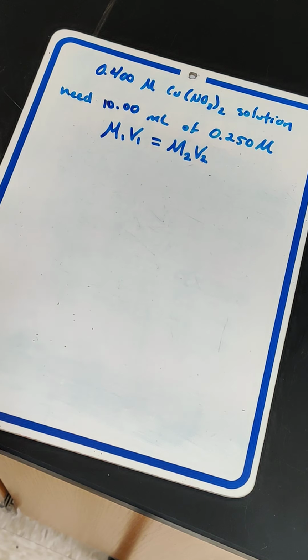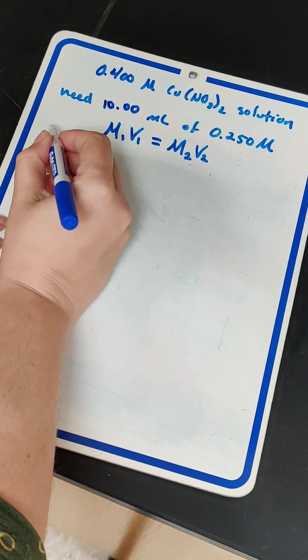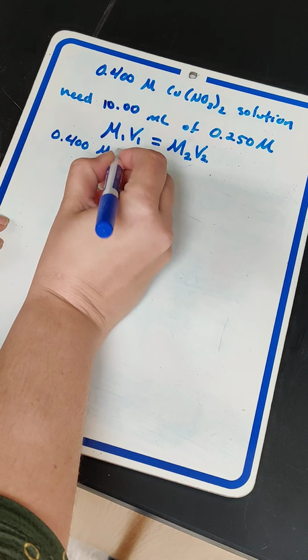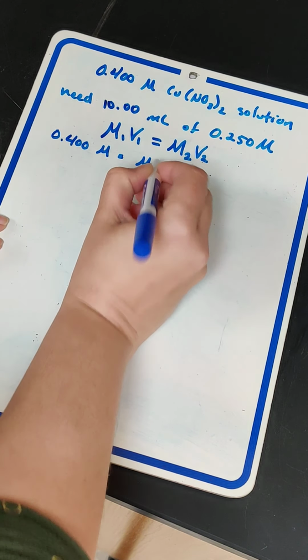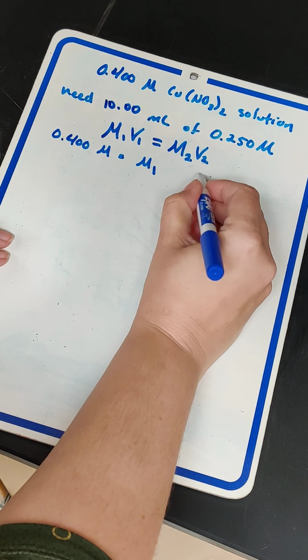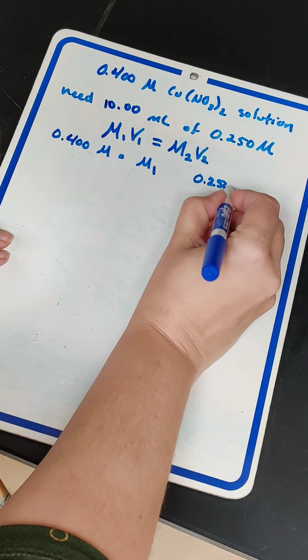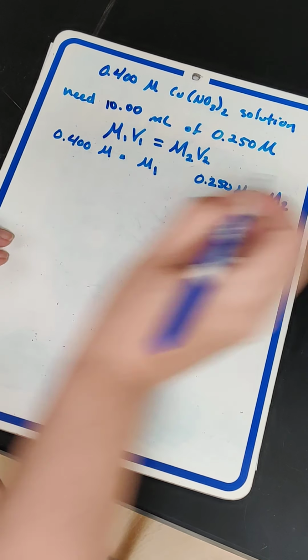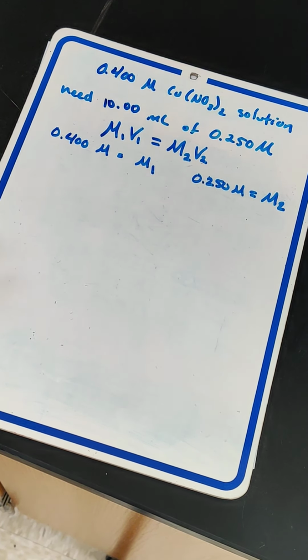So looking at this particular problem, let's see how we can put this information into this formula. We start with a molarity of 0.4 molar. That's my M1. What did I start with? I end with a desired molarity of 0.250. That's going to be my M2.